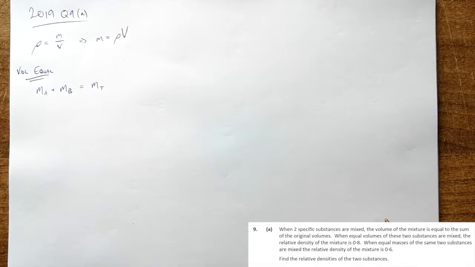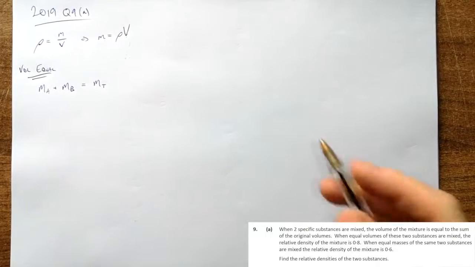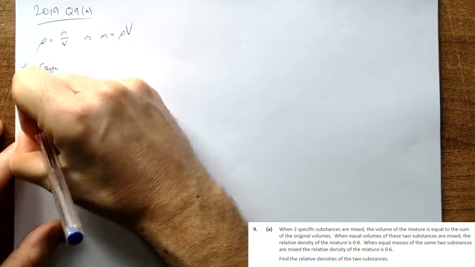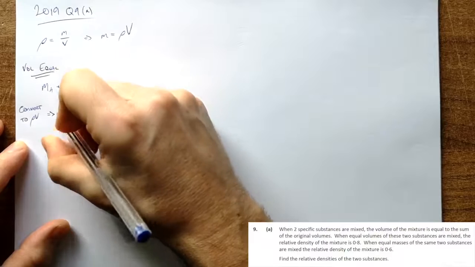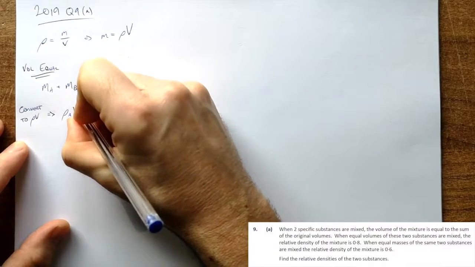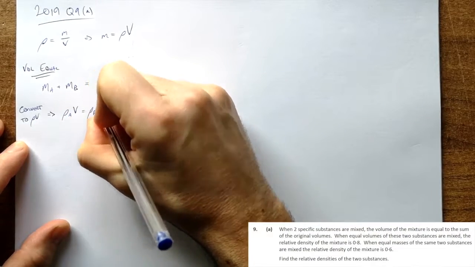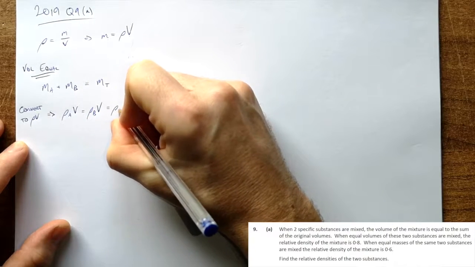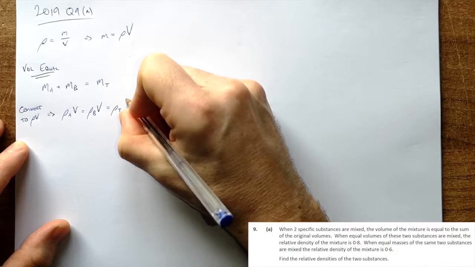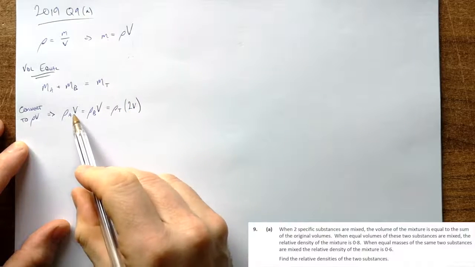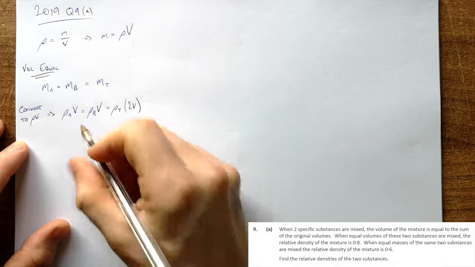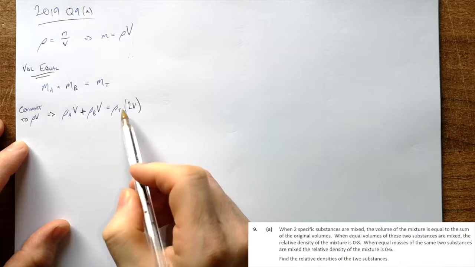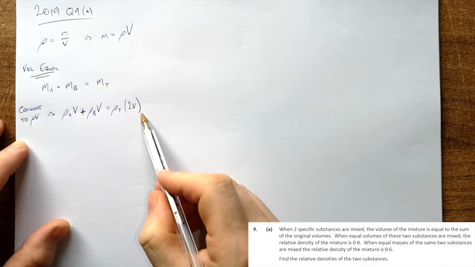Now, let's convert to rho V, and then we have rho A V plus rho B V equals the density of the total times 2V, because the volume of the first one is the same as the volume of the second one. Oops, sorry, that should be a plus. Apologies. And they're equal, that's 2V. So now we've knocked a variable out of the whole equation.